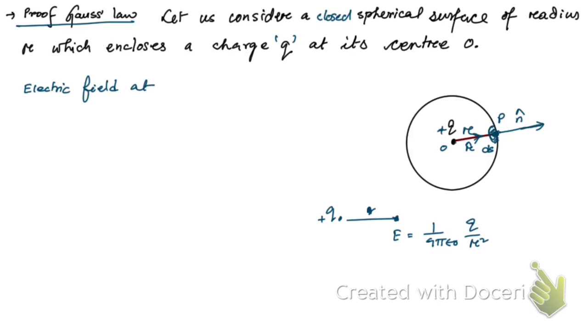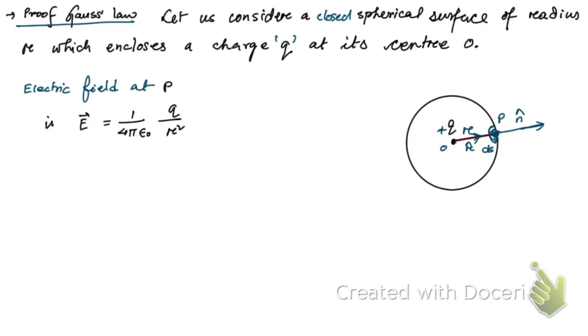If the distance from the charge to the point where we need to find the electric field is r, then the electric field in vector form is this expression, where r cap represents the unit vector along this direction. So the electric field at P is E equals 1 by 4 pi epsilon naught q by r square r cap, where r cap is the unit vector along OP.